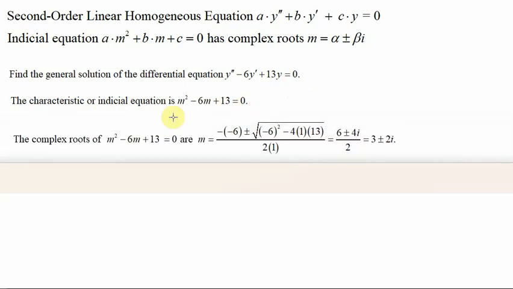The roots of the indicial equation will be 3 plus or minus 2i. So in this case, alpha will be 3 and beta will be 2.